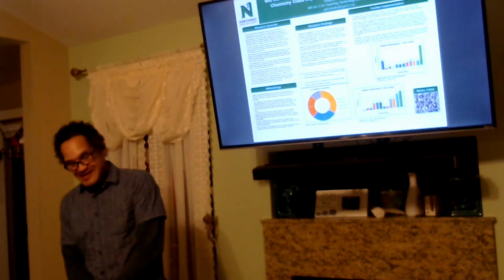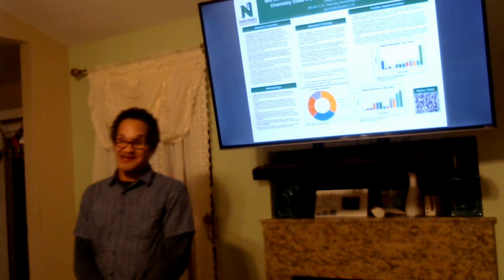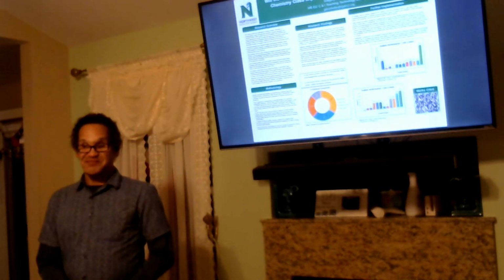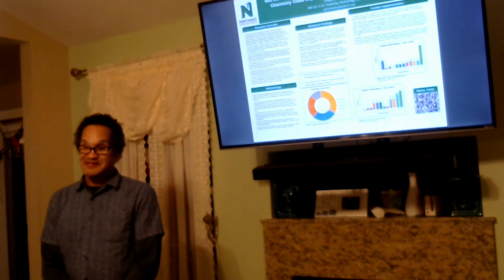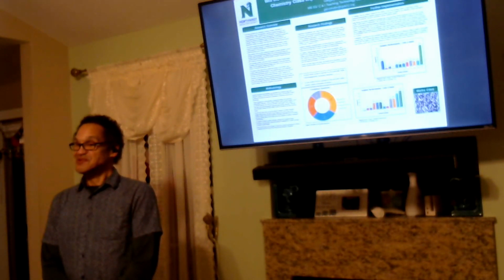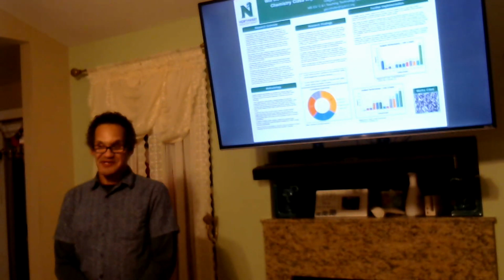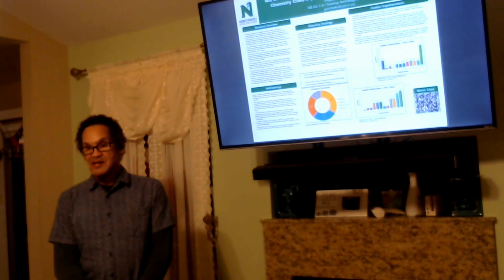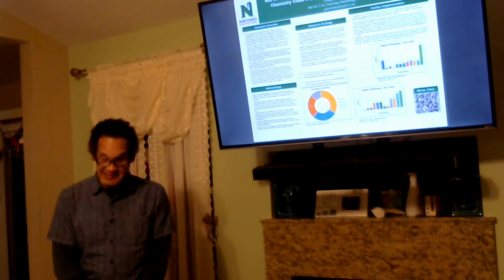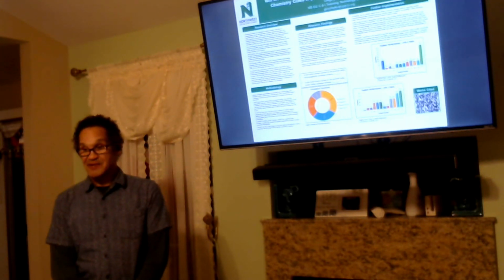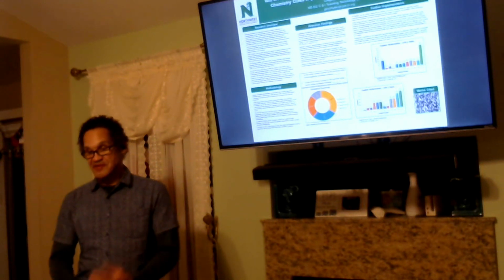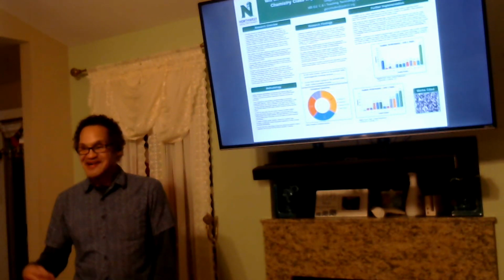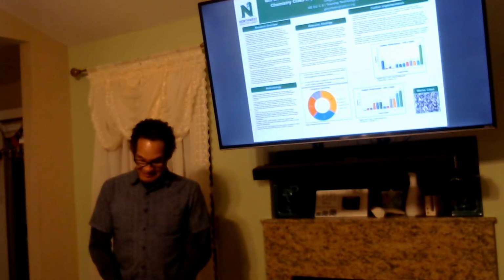Here, I'm looking at how implementing an active learning model will impact my high school students' ability to improve their conceptual understanding of some chemistry ideas. The active learning model that I'm using is connected with the POGIL, process-oriented guided inquiry learning model system.